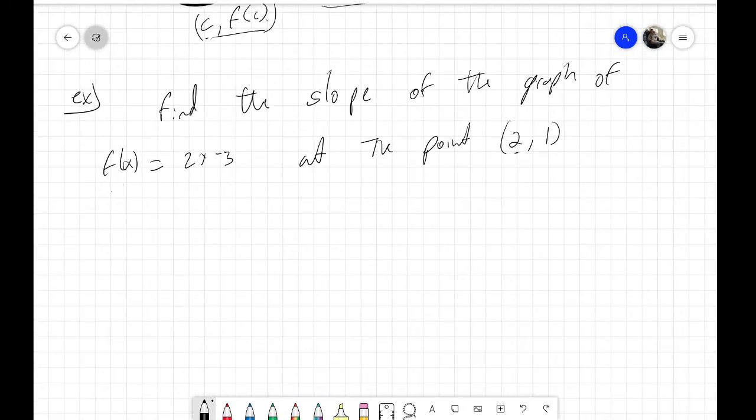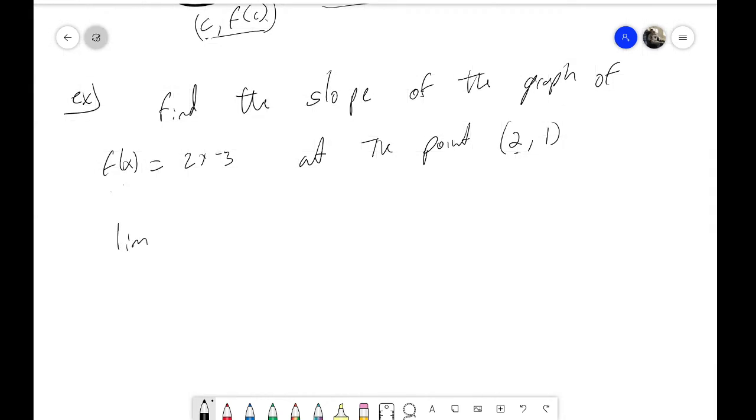So that is the limit as delta x goes to 0 of f of x. What is f of x? f of x is 2x minus 3.